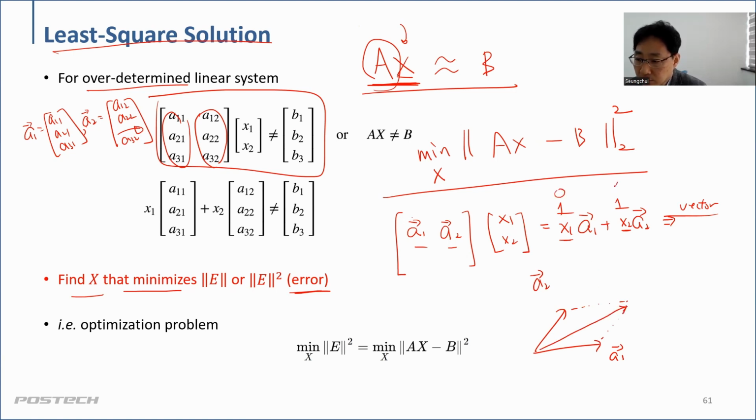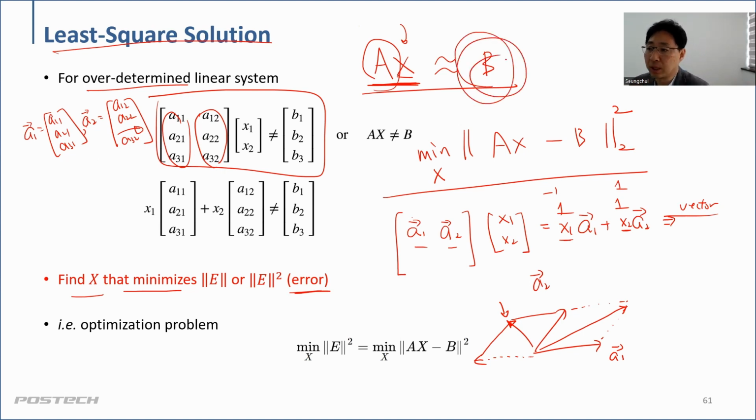And if you have minus, then probably this is another vector that we can represent, having different values of x of 1 and x of 2. I want to change the x of 1, x of 2 values. What's the purpose of that? To make it as close as possible to the B vector. That's the minimization problem.